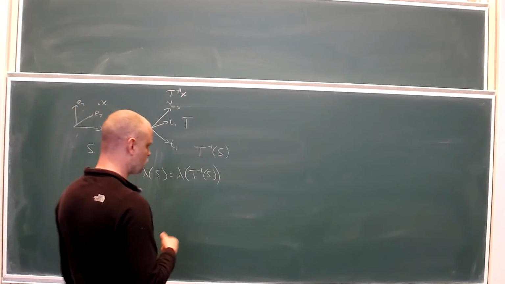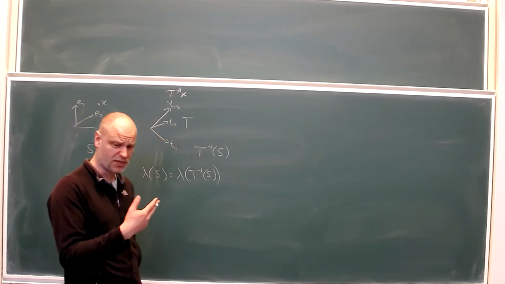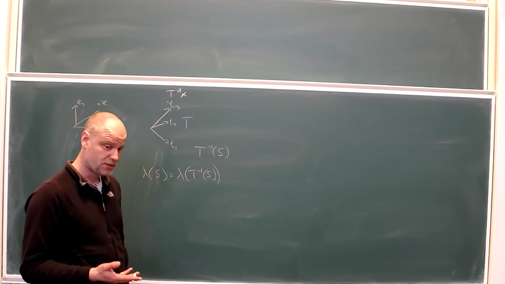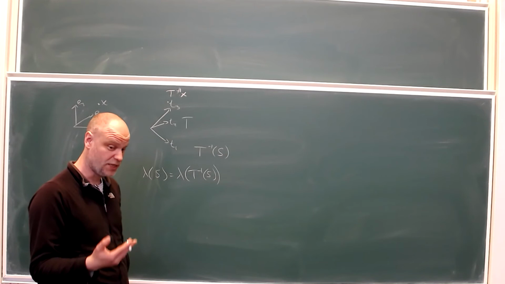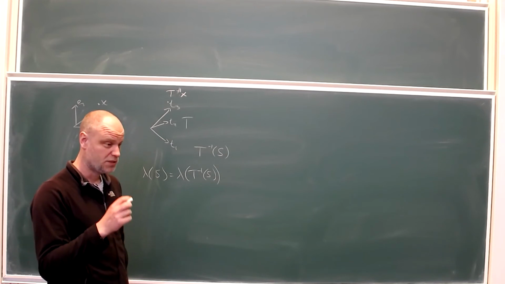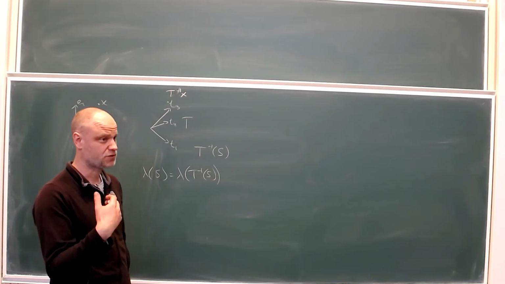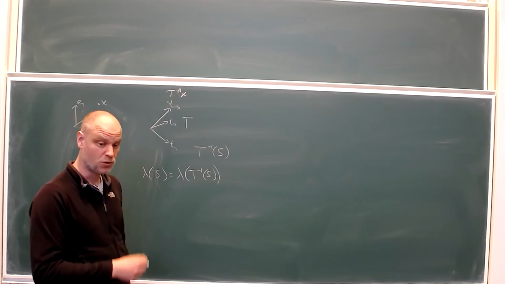Now that's exercise 1.4.10 or something, which relies on proposition 1.4.5, which says that Lebesgue measure is unique. It's the unique translation invariant measure that gives the unit cube the size 1.